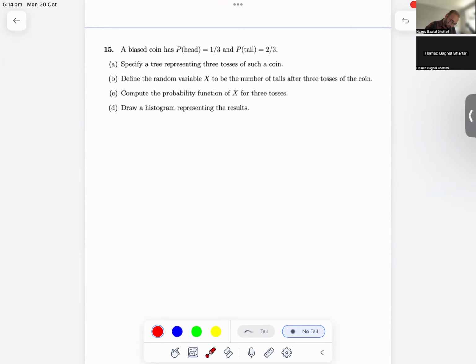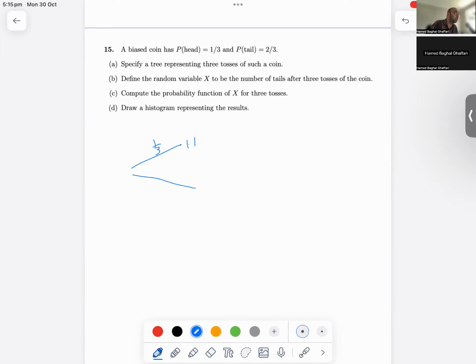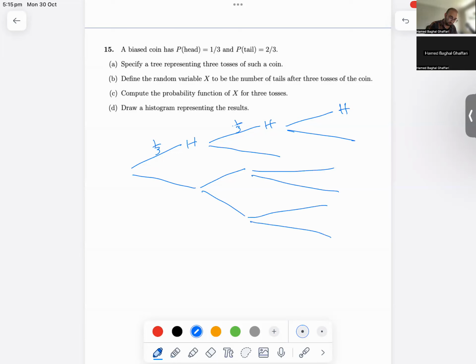It will be like this: 1 over 3 for H, 1 over 3 for H, and this one is H. We can have this one, and this one, and also HT.